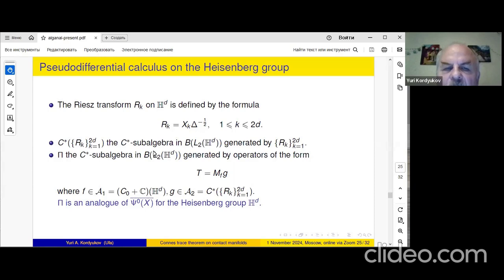And what we developed, even in the classical case of smooth manifolds, was the initial idea of my collaborators Fyodor Sukochev and Dmitry Zanin. They were trying to develop such an operator, or C-star algebraic, approach to pseudodifferential calculus.